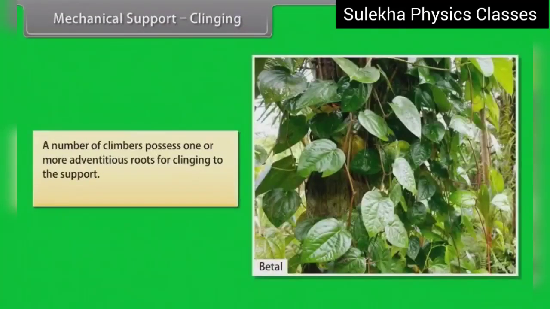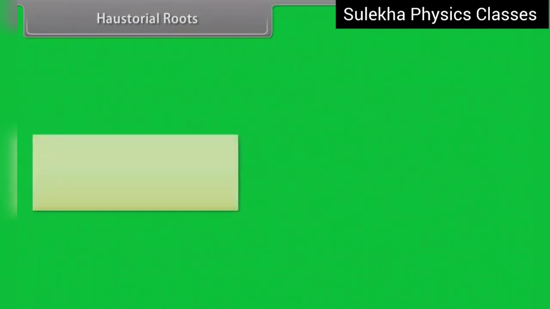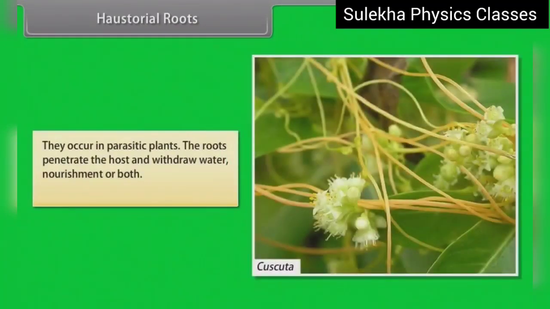Mechanical support, clinging: a number of climbers possess one or more adventitious roots for clinging to the support. Examples: betel, tecoma, ivy. Haustorial roots: they occur in parasitic plants.